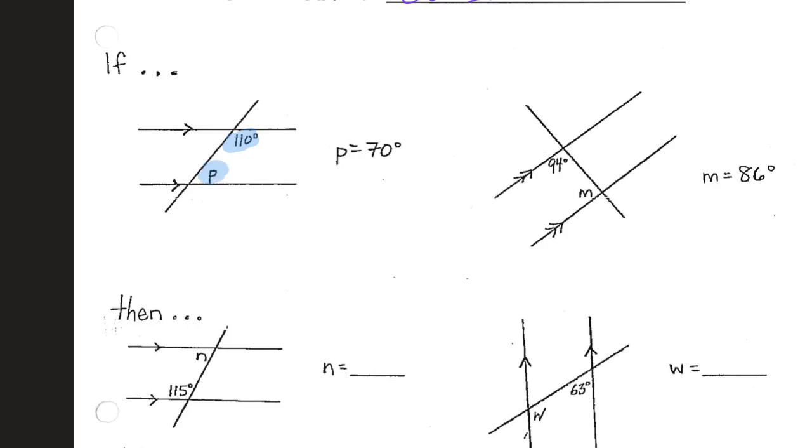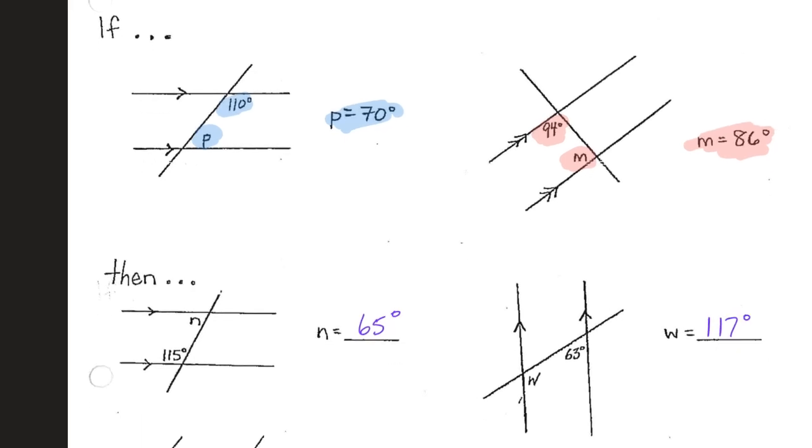That's angle P. P in this case is 70. If I have this angle of 94 and this angle M, M was 86, then I'm hoping we were able to draw a conclusion in our purple: therefore N must be 65 degrees and W must be 117 degrees.